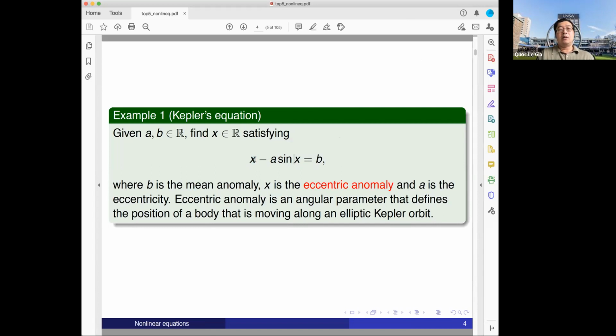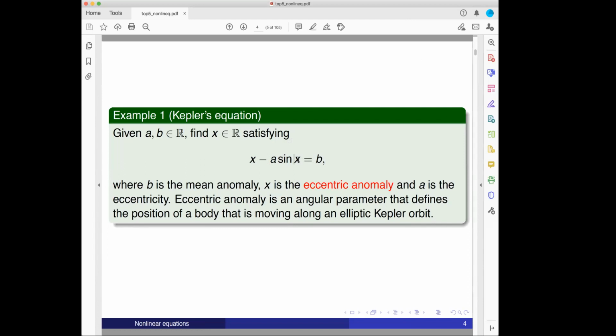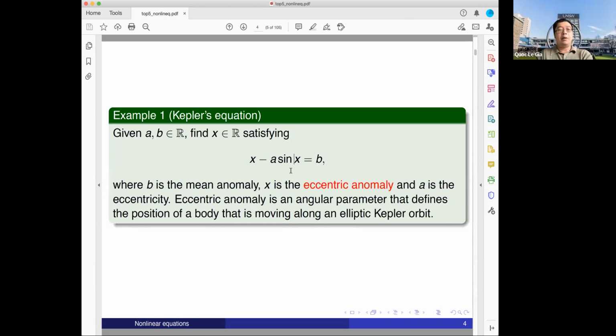So this is a nonlinear equation, and there's no formula for you to get the solution easily. The a and the b are parameters that correspond to the orbit of the object in space.